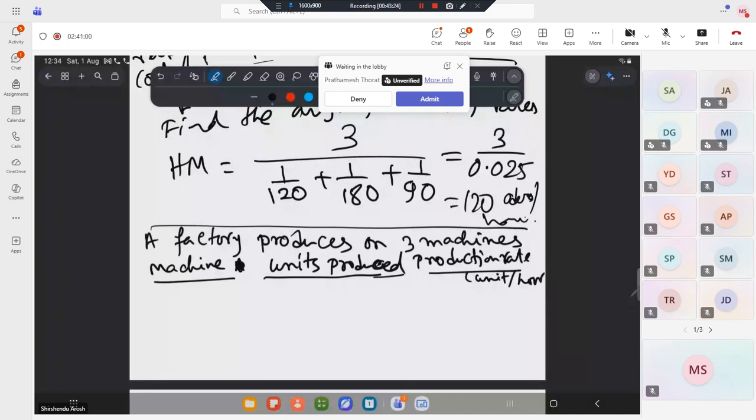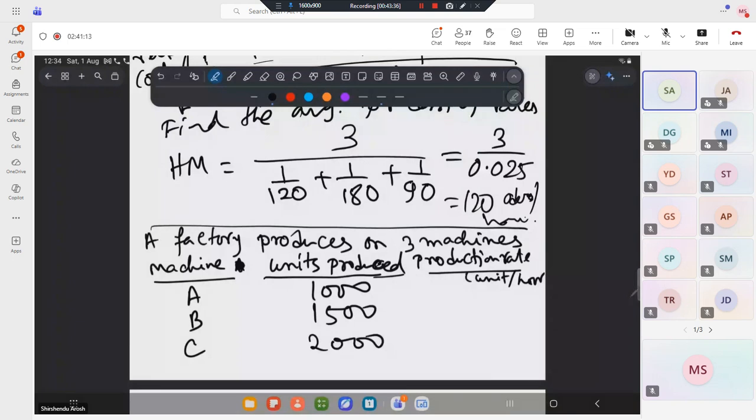So machine A, machine B, and machine C. The first one is producing 1,000, the second one is producing 1,500, and the third one is 2,000. And the units per hour: this one is 50, this is 75, this is 100. Okay.